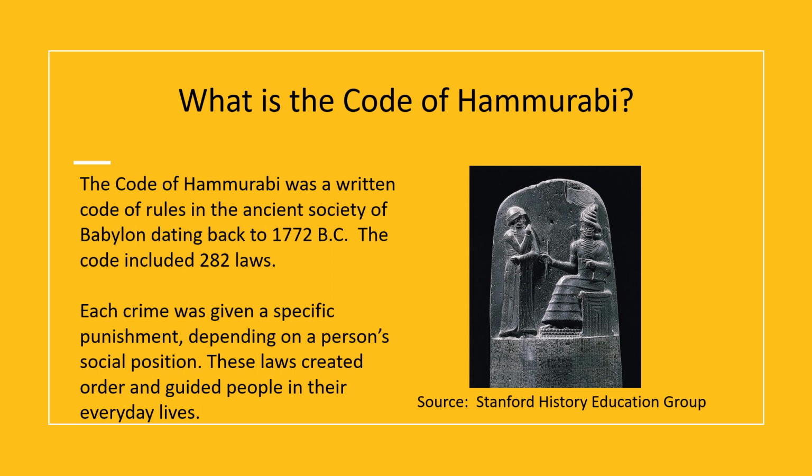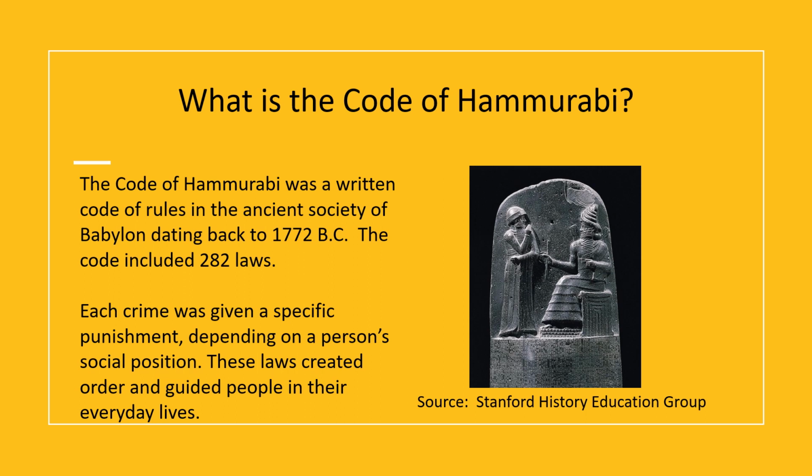So we're going to be first focusing our attention on the Code of Hammurabi. The Code of Hammurabi was a written code of rules in the ancient society of Babylon, dating back to 1772 BC. So this is many thousands of years ago.